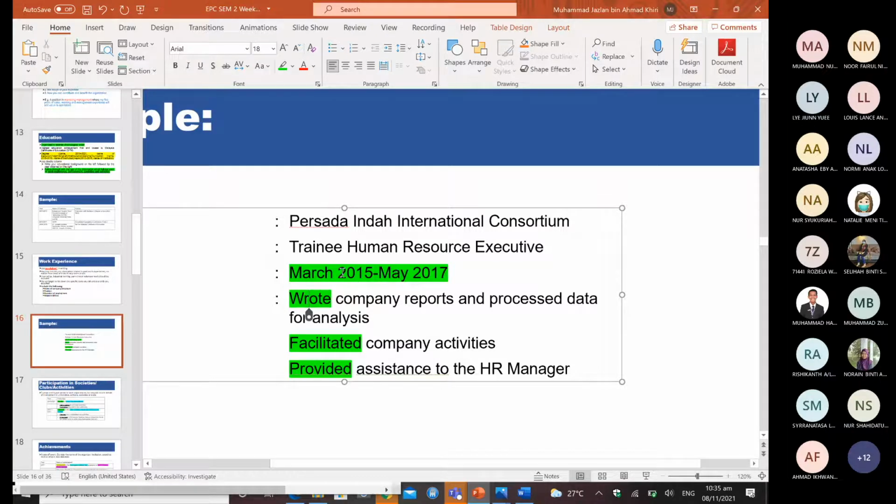The reason is because they are all over. It's over back in 2017. This is 2021, so you should write them all in past tense. The first word in each of these sentences, in the same form, is called parallelism in writing. As you see in the green highlight, wrote, facilitated, and provided, they are all in past tense.